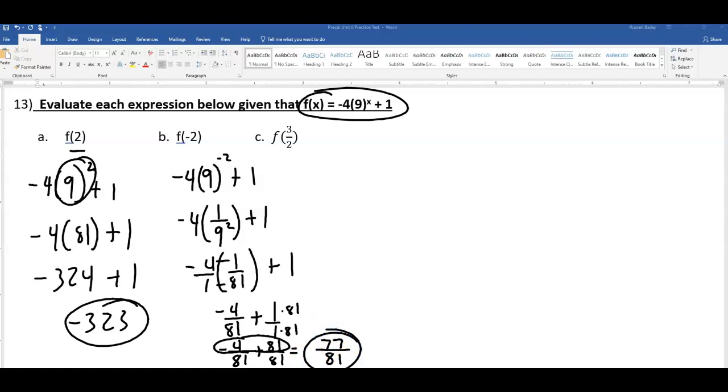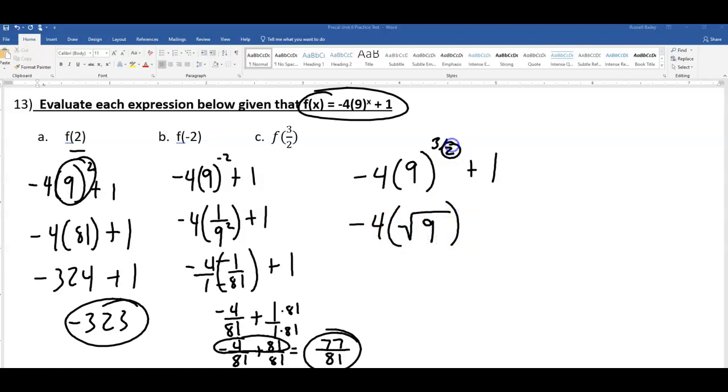All right, part C, we're going to be plugging in a fraction here. So we have negative 4 times 9 to the 3 over 2 power. The way we're going to do this is transform it into a radical. This number is your root. This number is your power.